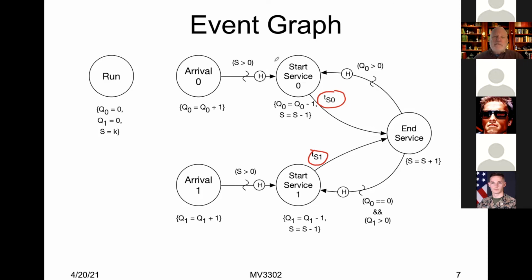In other words, by analogy to this situation, because I know that I'm starting service on a type 0 customer, I know that the service time has to match that. Okay, does that make sense?